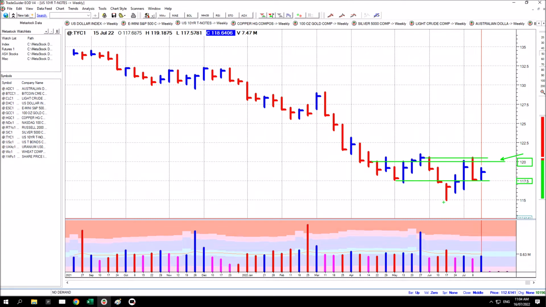You can see that buying support came in at this level here, price pushed up, it didn't have the strength, or there was no real serious attempt to break above the 120 level, and price is comfortably moving within this little range.